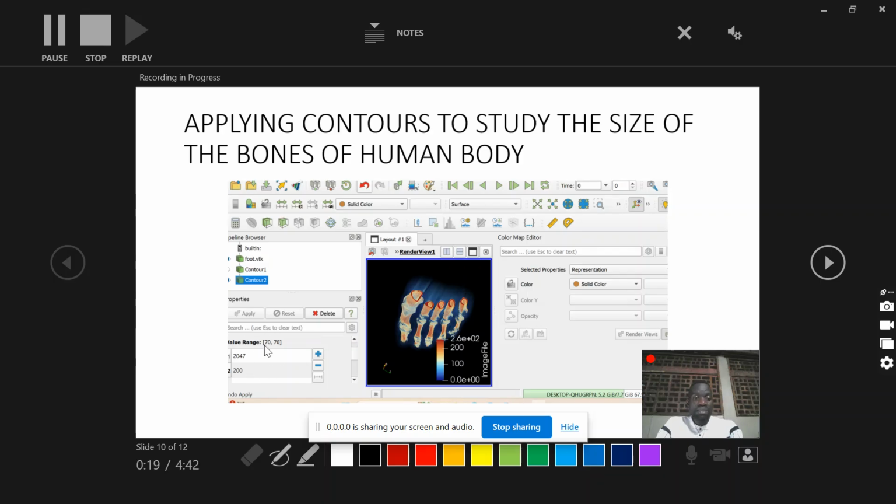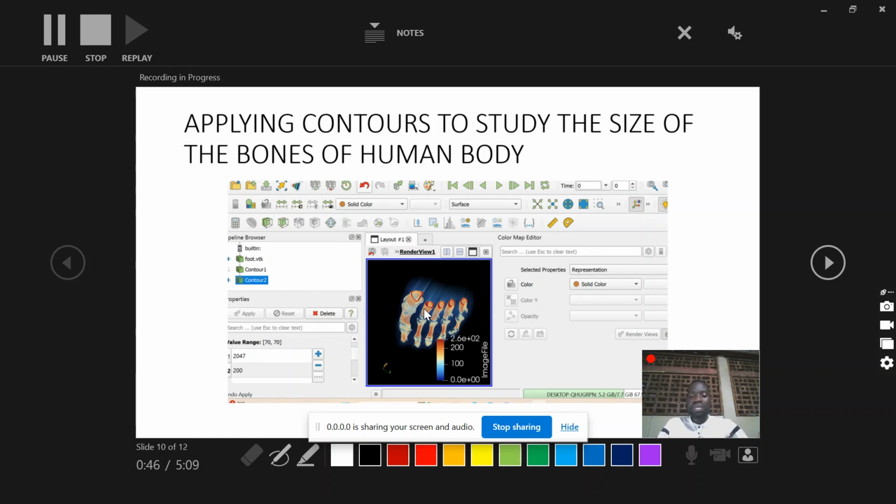So when I apply different ISO values, the first value was 2047, and then the second one was 2. So they brought a clear view of how the foot will look like, and then the color concentrations. So I can study the size of the tissue.